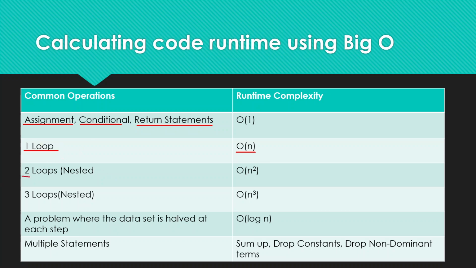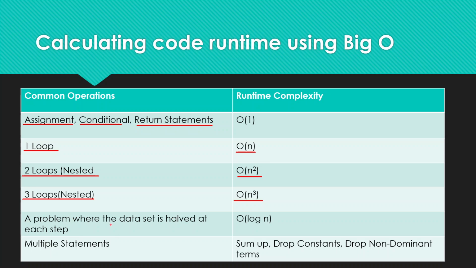Now, if a loop is nested inside another loop, for example, we are going to look at an example shortly, then normally the time complexity is O of n squared, because it's n times n. So that gives us n squared. If there are 3 loops, then you've guessed it right. It will be n cubed.